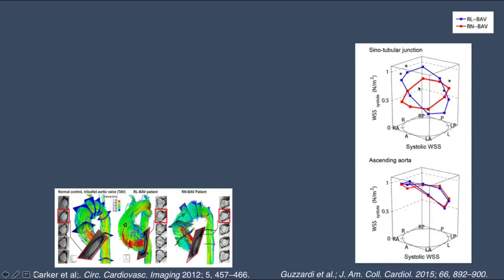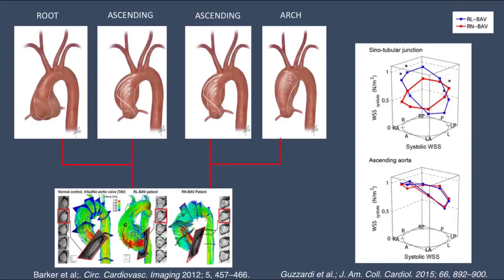However, if you look at the ascending aorta in these individuals, even though their wall shear stress tends to be higher than that of the control population, it was fairly equivalent in those with a right-left or a right non-coronary cusp fusion. And so this seemed to make sense when we look at the associated aortopathies.